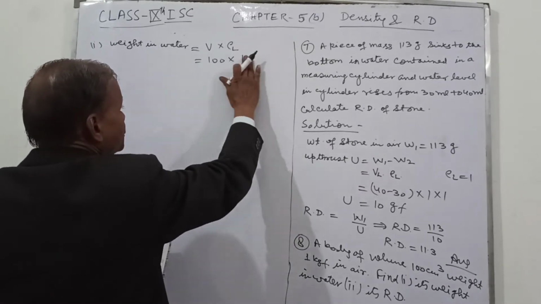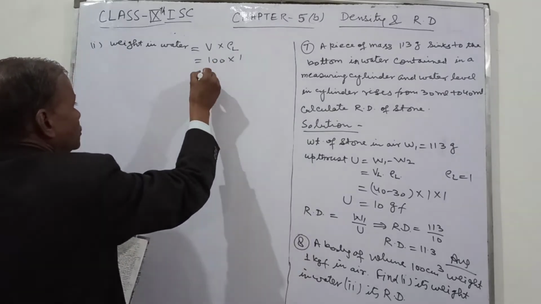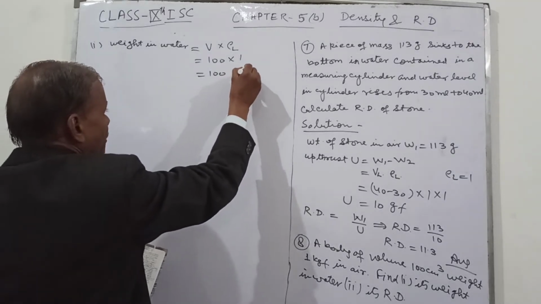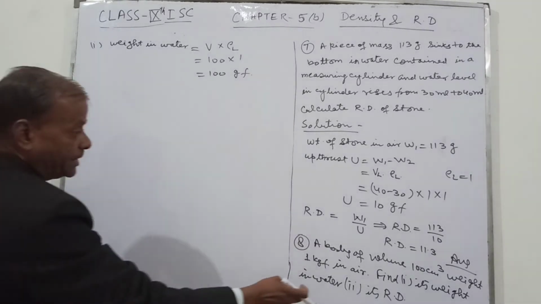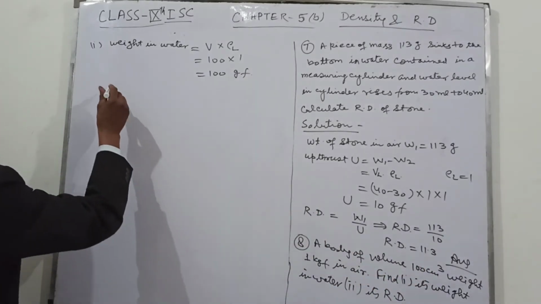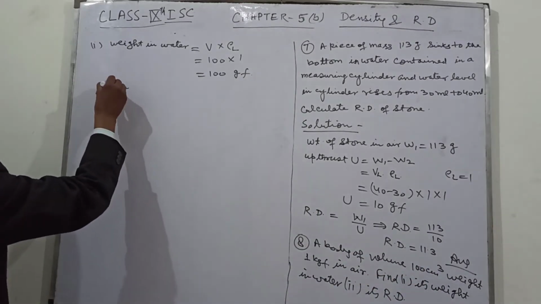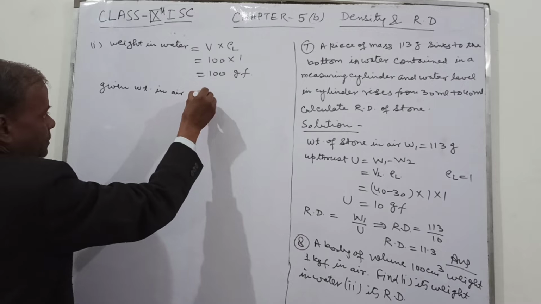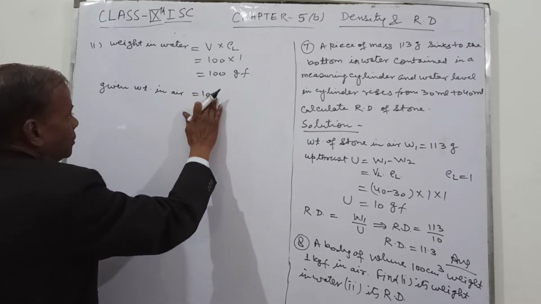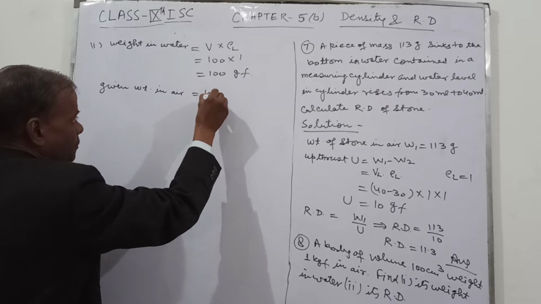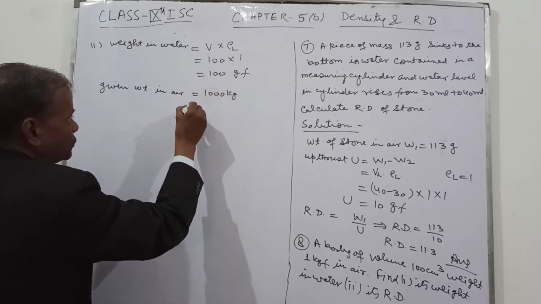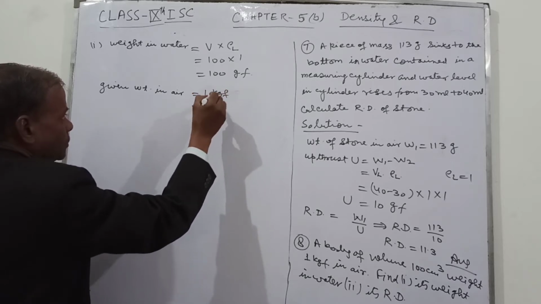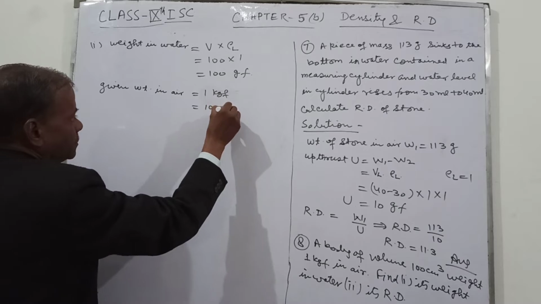Now this is in cc, so this is 100 gram force. Now the weight in air is given here, 1 kilogram force, so this is equal to 1000 gram force.